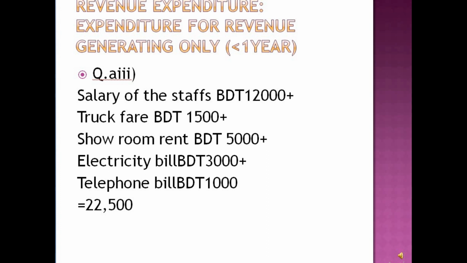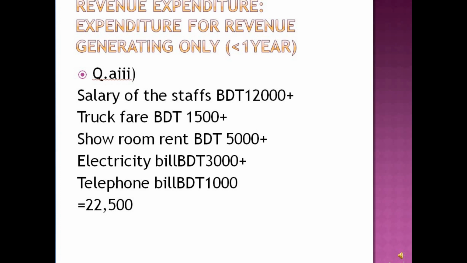The salary of the staff, truck fare, we are assuming this is a rented truck, showroom rent, electricity bill for that rented showroom, telephone bill for that rented showroom. All these added together gives us revenue expenditure of 22,500.